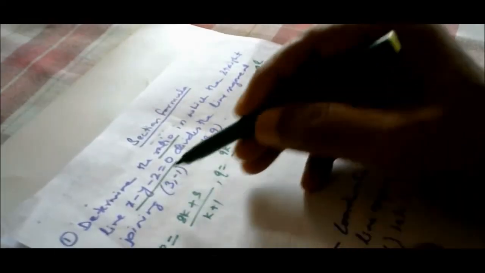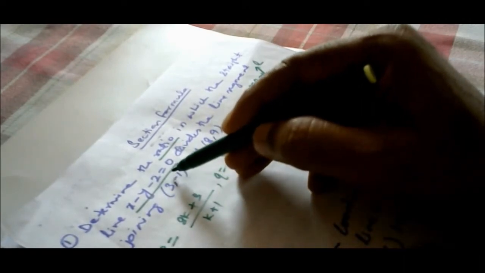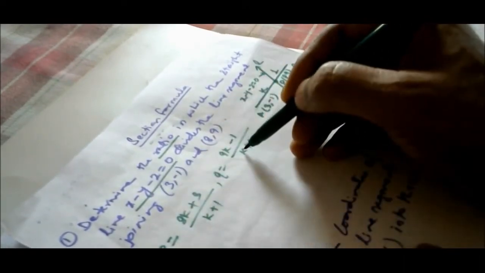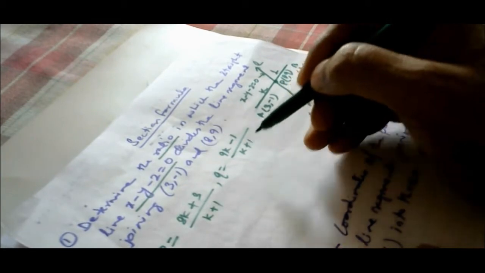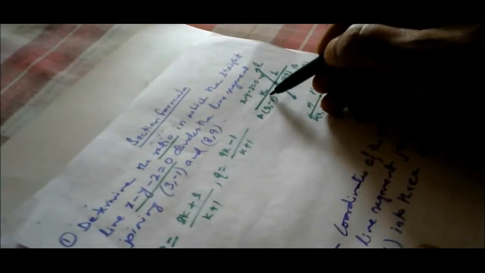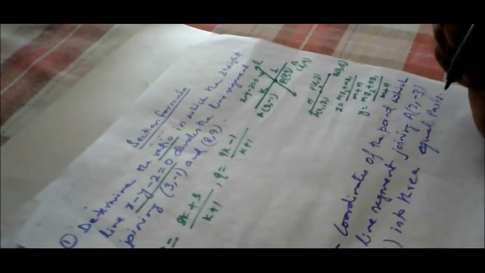If we put these values in this equation, we will be able to solve for k, and then we will be able to find the ratio.